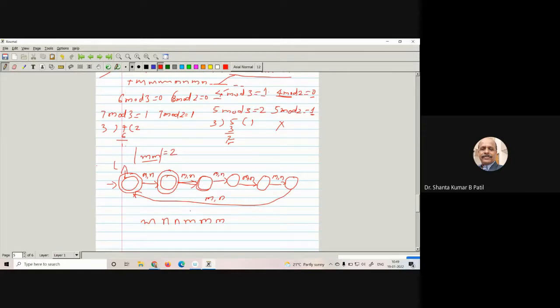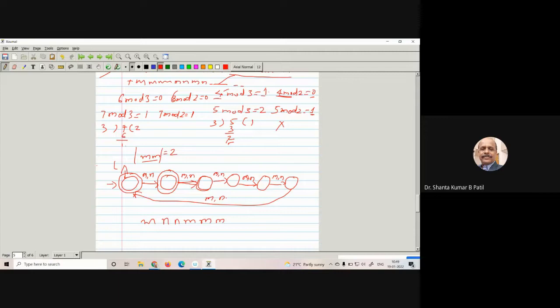So the seventh is accepting. You can take 12-symbol strings. If the string consists of 12 symbols, in that case also it is accepting.